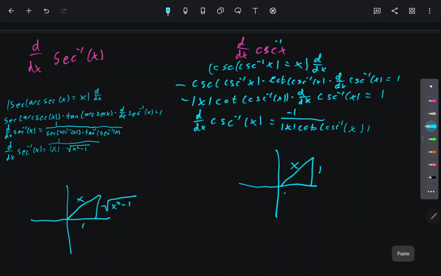And then that means that our adjacent side must be the square root of x squared minus 1. So d over dx of cosecant inverse of x is equal to negative 1 over the absolute value of x times the square root of x squared minus 1. That, my friends, is the answer.